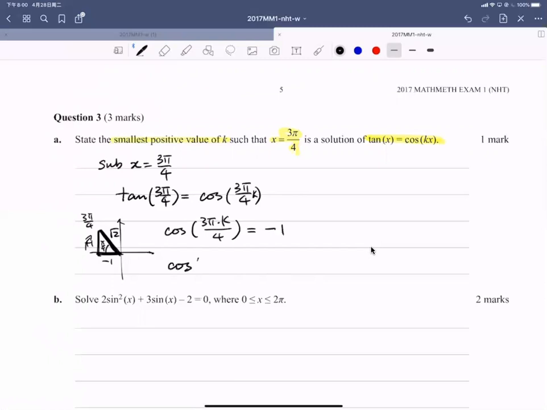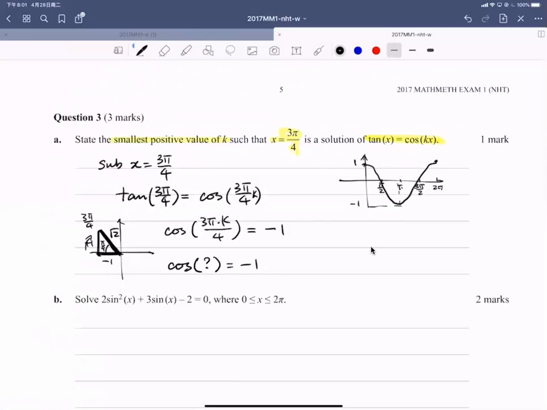Let's think about cosine what equals minus 1. Let's do a simple diagram. Okay, that's half pi, that's pi, that's 3 pi on 2, and 2 pi. There we go, 1 minus 1.